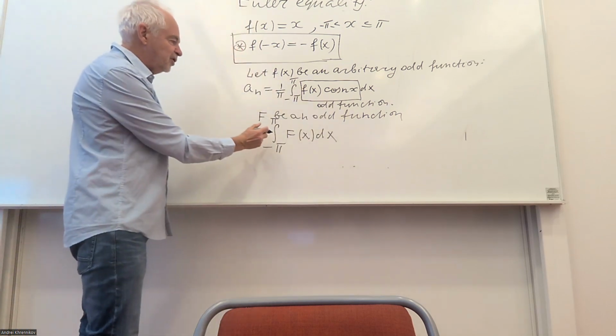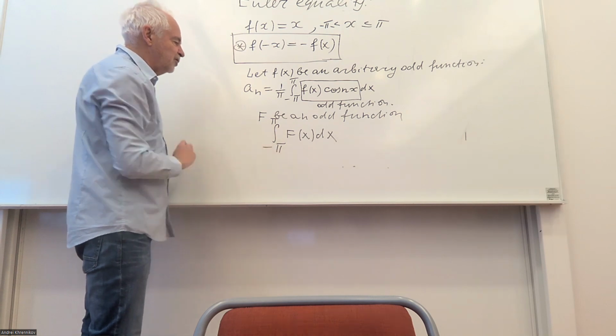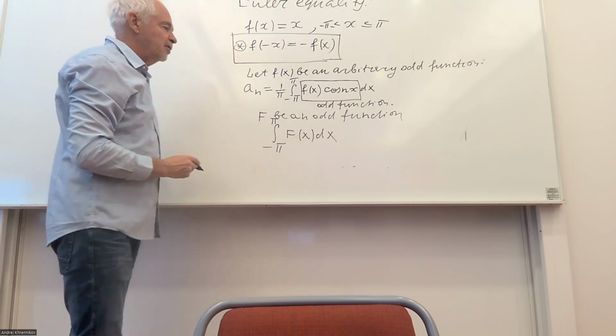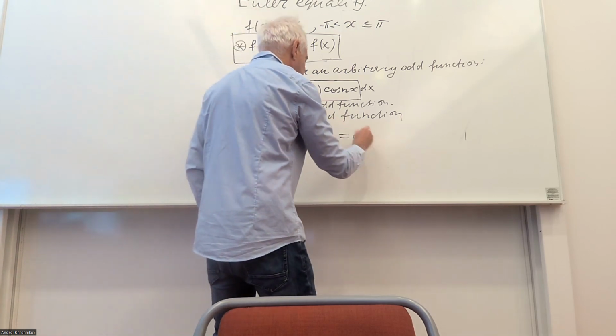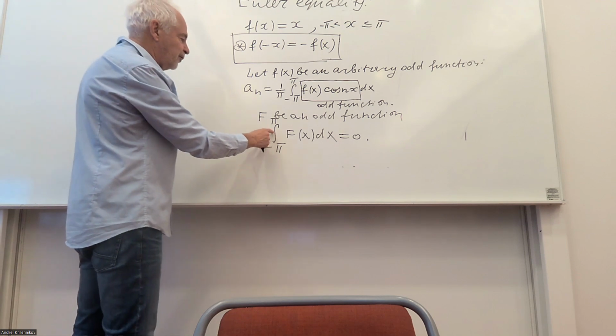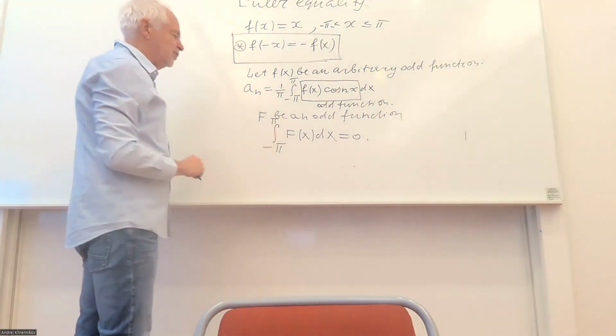We split this integral into two, one from minus pi to 0, another from 0 to pi, and use this property. So this integral is 0. You can just do what I told: split the interval into two intervals, from minus pi to 0 and from 0 to pi.